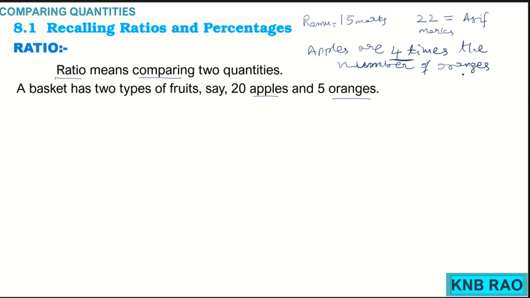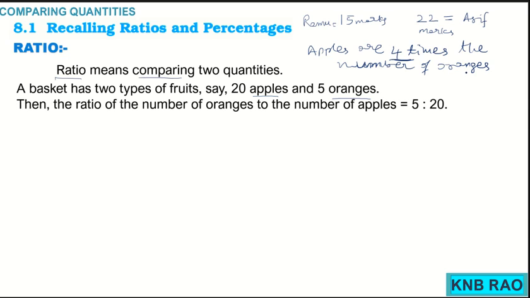Generally, we take the ratio of the number of oranges to the number of apples as 5:20. It is read as 5 is to 20.